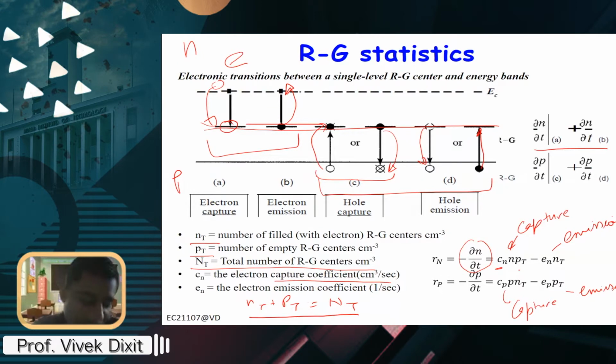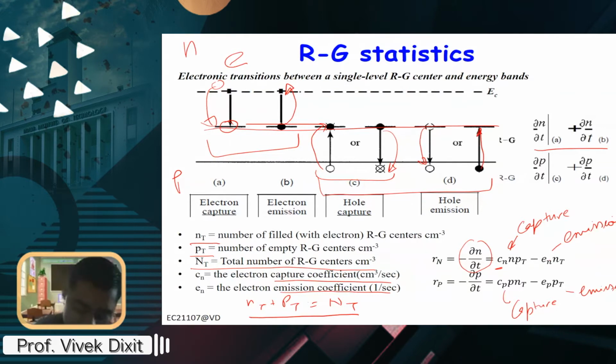Similarly, for electron emission, the trap level should have an electron, right? So it will simply be a coefficient times small nt, where En is the electron emission coefficient. Of course, emission and capture will be related; you will see that in the next slide.